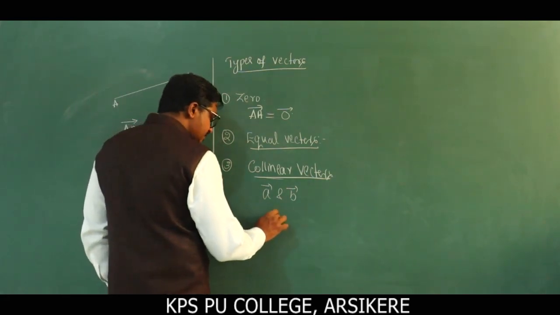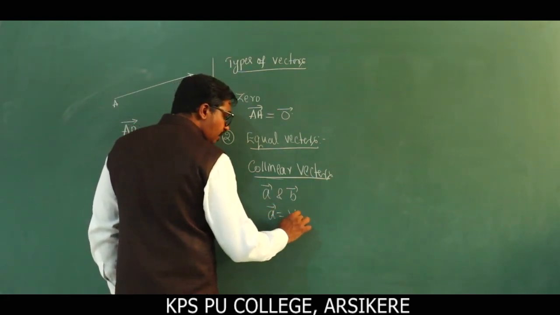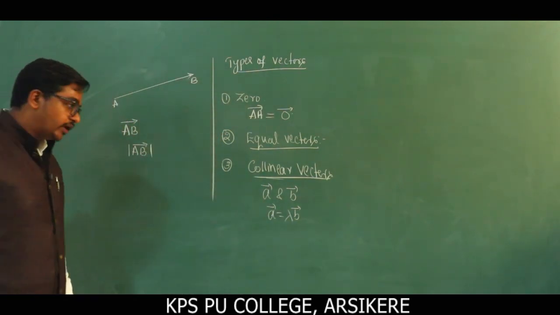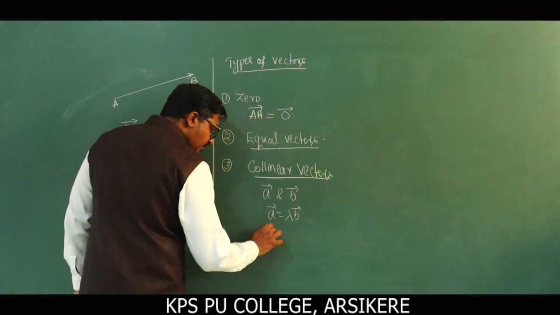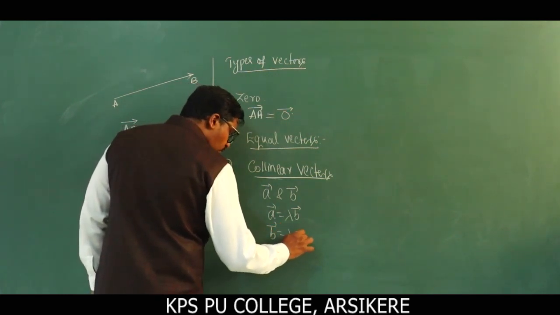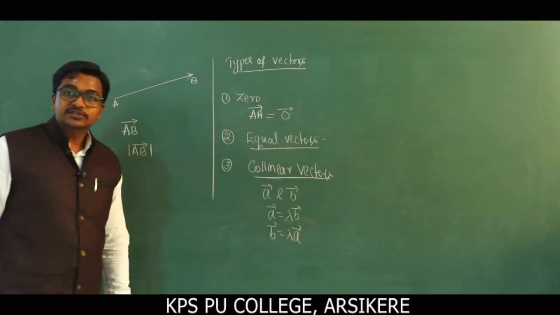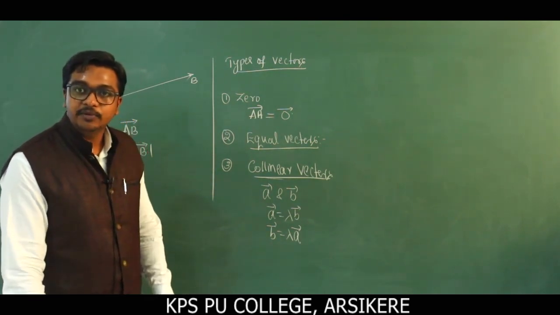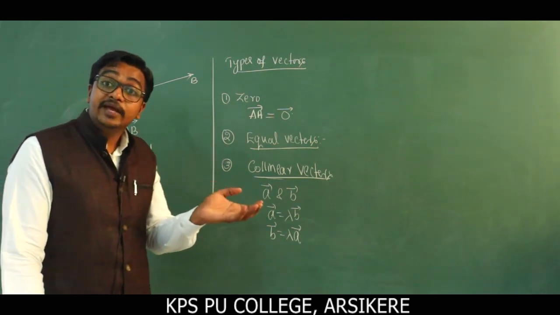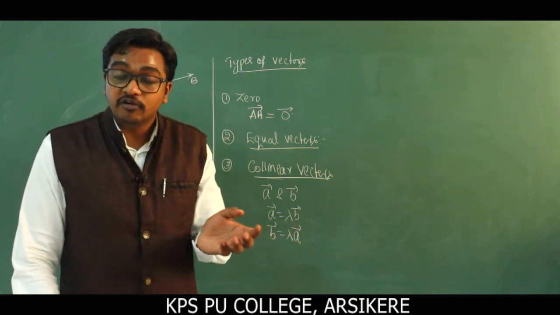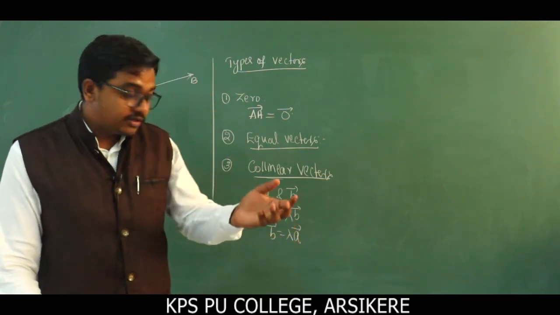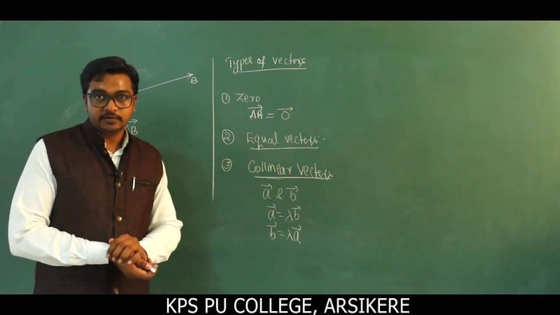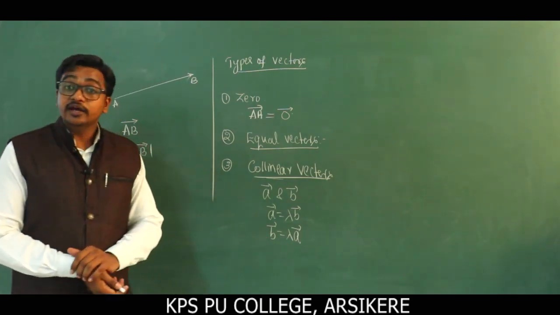Vector A can be represented as some scalar multiple of vector B. Vector A is equal to lambda times vector B, or vector B is equal to some lambda times vector A. This is the condition for two vectors A and B to be collinear. So one can be expressed as a scalar multiple of the other vector. This is the collinear vector.